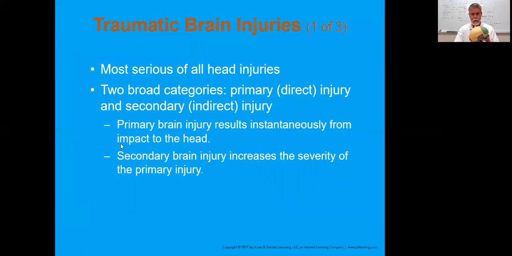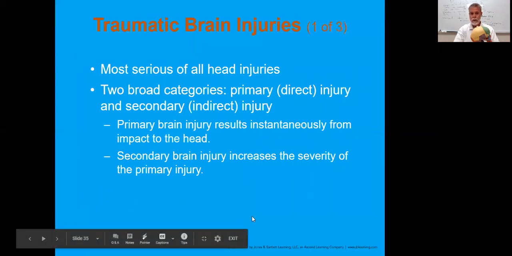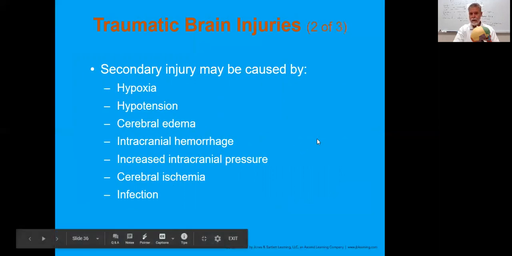Traumatic brain injuries, or TBIs, have two different categories. There's the direct injury, which happens from the immediate impact on the head. Then there's the secondary brain injury, which makes the first injury worse. Items such as hypoxia, right?